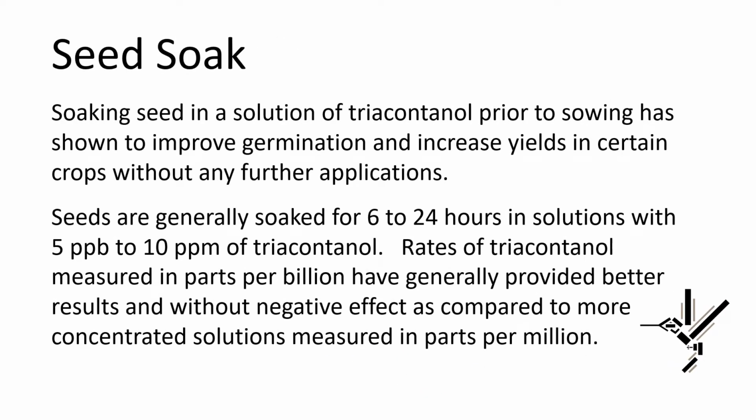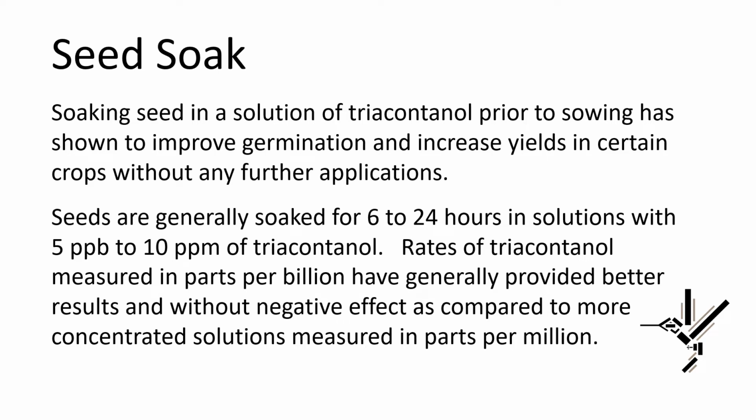You can also do a seed soak. The seeds are generally soaked for 6 to 24 hours in solutions with 5 parts per billion to 10 parts per million, is what I've seen out there in the scientific literature. I've done some experimenting myself with common vegetable crops, and do not go above like 40 parts per billion.